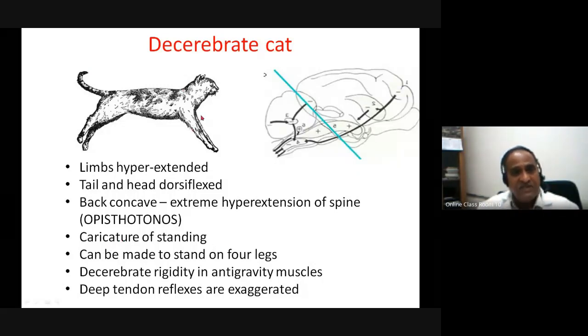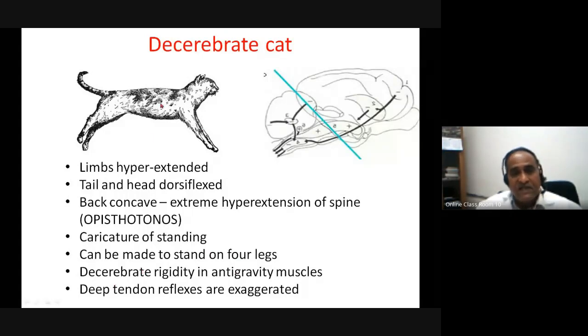The righting reflexes are lost. It has a very peculiar caricature standing, and you can just place it on the table or on the ground as if it were an inanimate object. This is the cat after cutting the mid-collicular section and removing the anesthetic effect. Once it comes out of the anesthetic effect, this is the feature of this decerebrate cat.